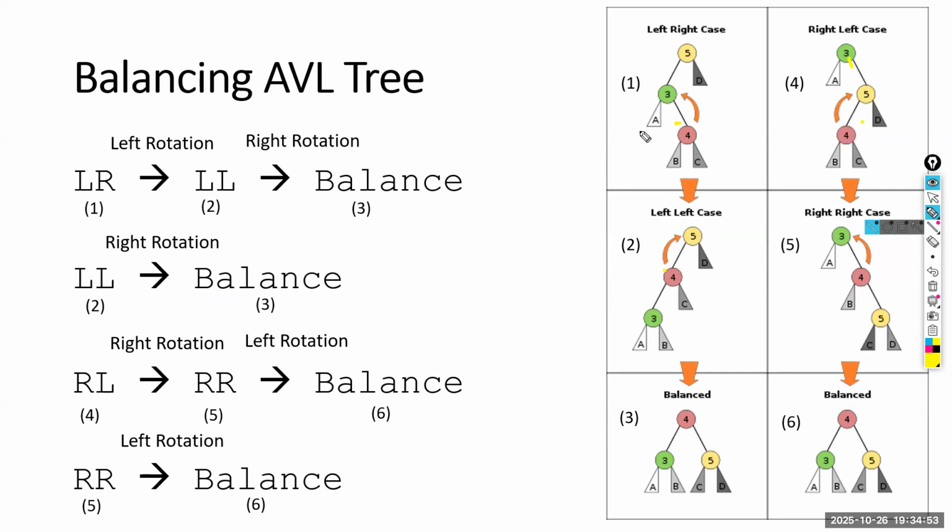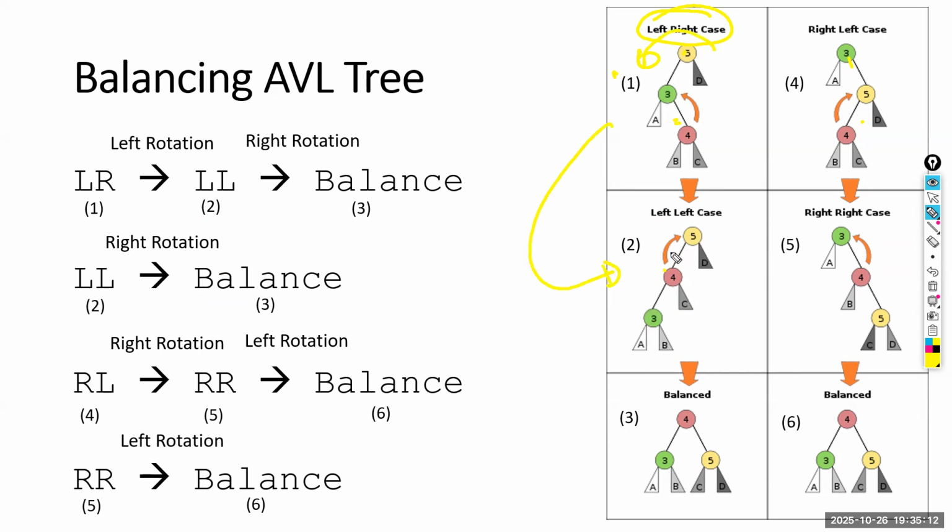So how to fix this scenario? Because this is now an imbalanced left-right scenario. This is where you need to do a double rotation. First, you do a left rotation and convert this to this left-left scenario.